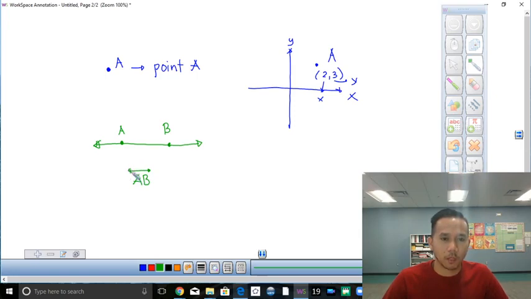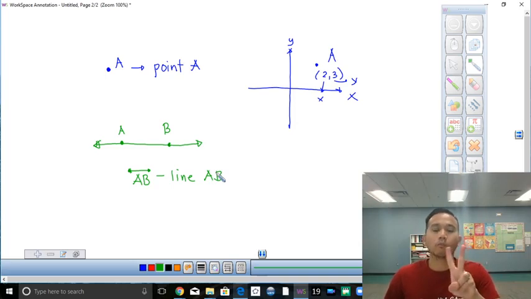We read this one as line AB. Okay, that's how you name a line. Again, you only need 2 points to determine a line.